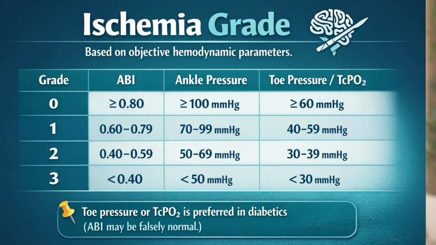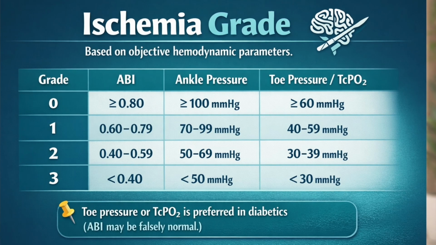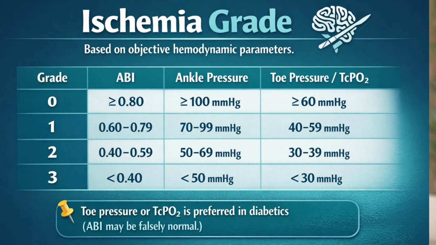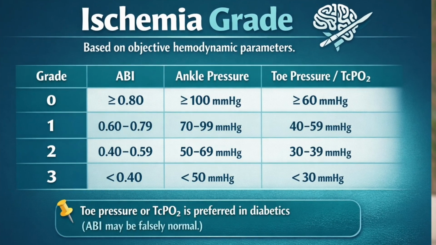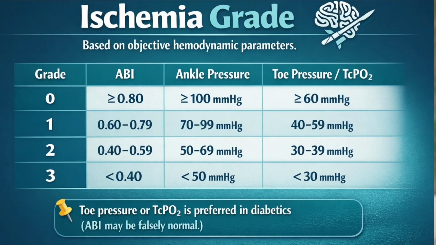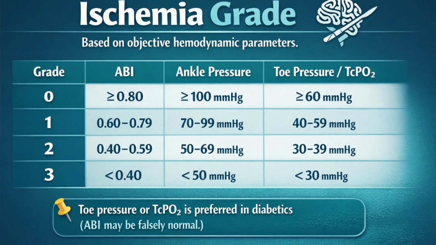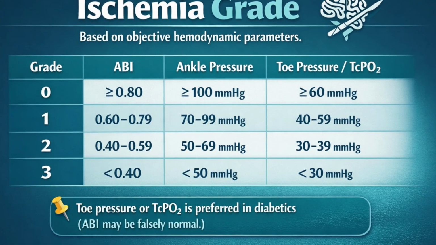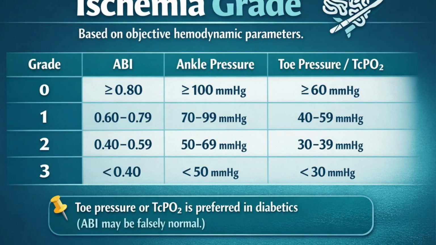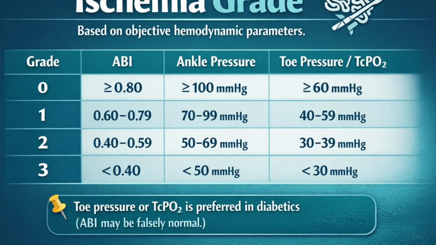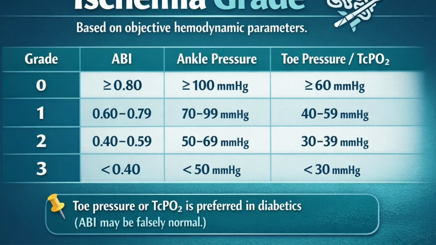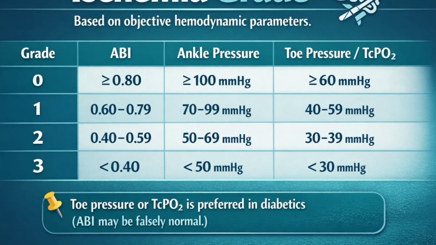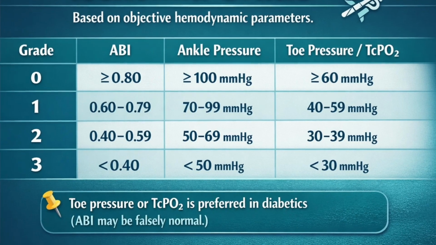Next we come to ischemia, and ischemia is further divided into grade 0, 1, 2, 3 depending on the ankle brachial index, ankle pressure and toe pressure. So if the ABI is more than 0.8 with ankle pressure more than 100 millimeters of mercury and toe pressure more than 60 millimeters of mercury, it is grade 0. Grade 1 is ankle brachial index between 0.6 to 0.79, ankle pressure 70 to 99 millimeters of mercury, toe pressure 40 to 59 millimeters of mercury.